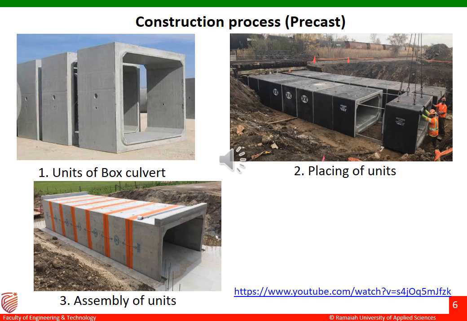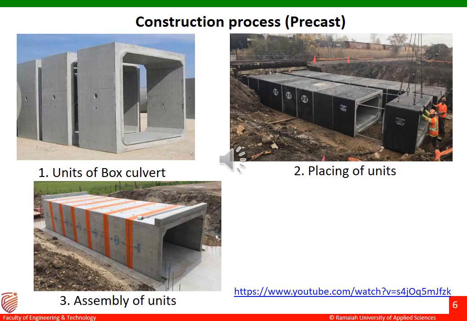You can see that in brown color in the third figure. In the third figure you can observe the units placed in a proper position, and the joint between each unit has been sealed with the help of the sealant.